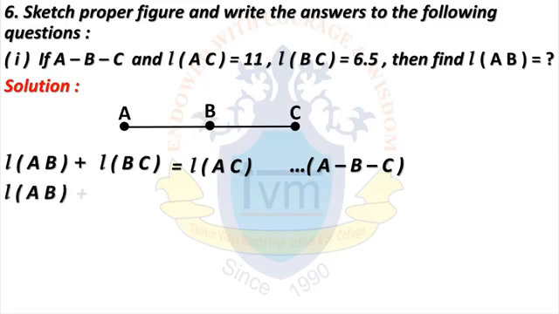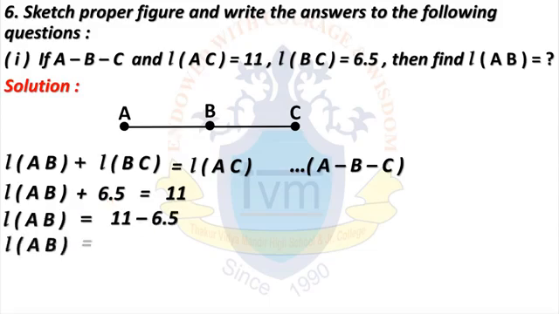So we will get length AB plus 6.5 equals 11. Now we will shift 6.5 to the other side of the equal sign, right? So what will happen? The sign of this number will change, since we are shifting 6.5 from the left hand side to the right hand side. So we will get length AB equals 11 minus 6.5. Length AB equals 4.5. So your length AB equals 4.5.